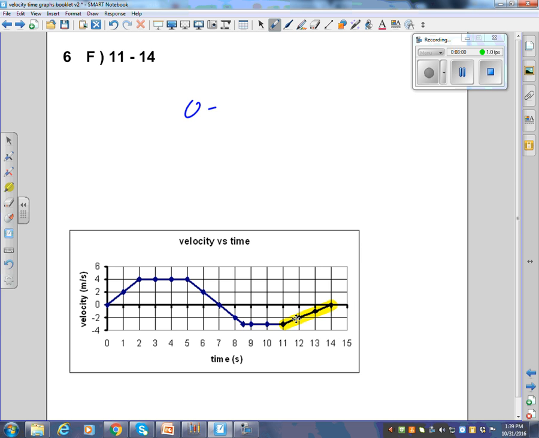The y value here is minus 3. So that's 0 minus minus 3. The x value here is 14. The x value here is 11. 0 minus minus 3 is 3. 14 minus 11 is 3. So the answer is 1 meter per second squared. That is the slope, 1.